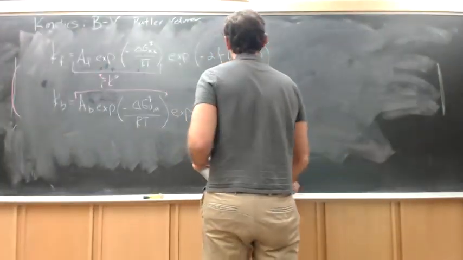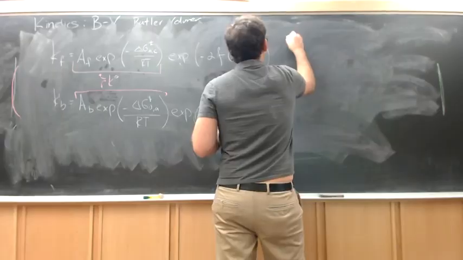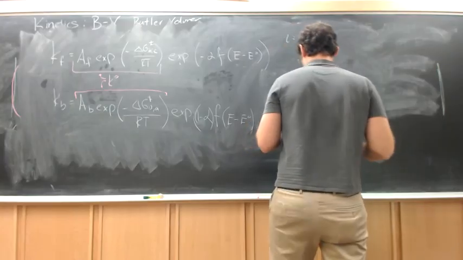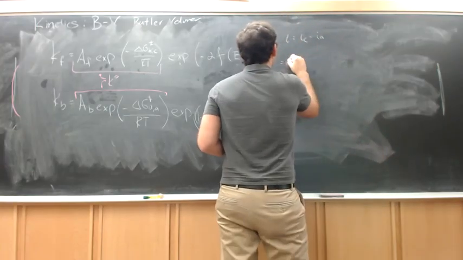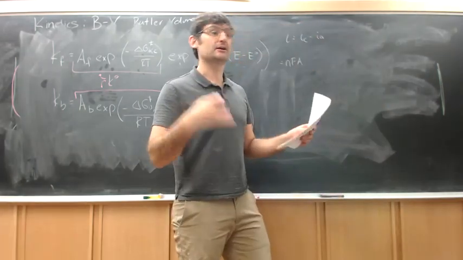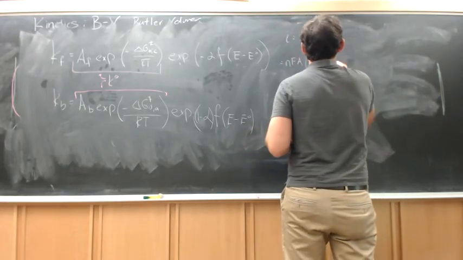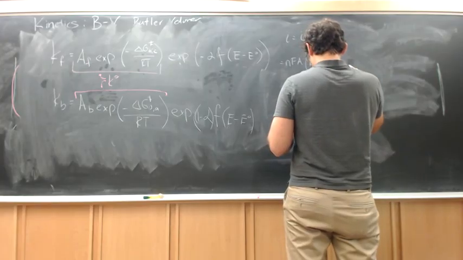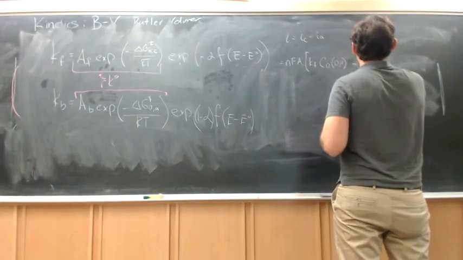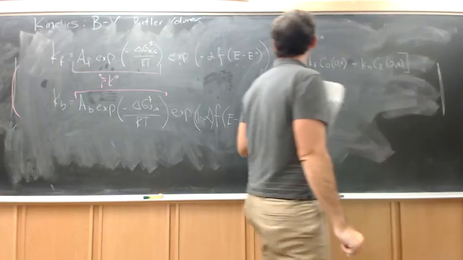So the total current I equals I_c minus I_a, the cathodic current minus the anodic current, equals nFA, our conversion factor to go between reaction velocity and current, times the rate of the forward reaction, Kf times C_O(0,t), minus the rate of the reverse reaction, Kb times C_R(0,t). That's easy, so that's I.